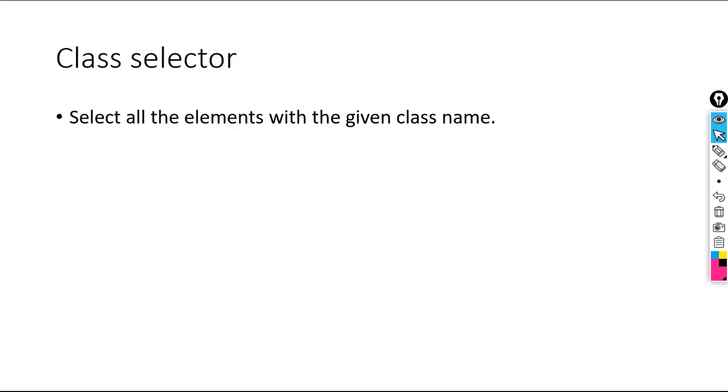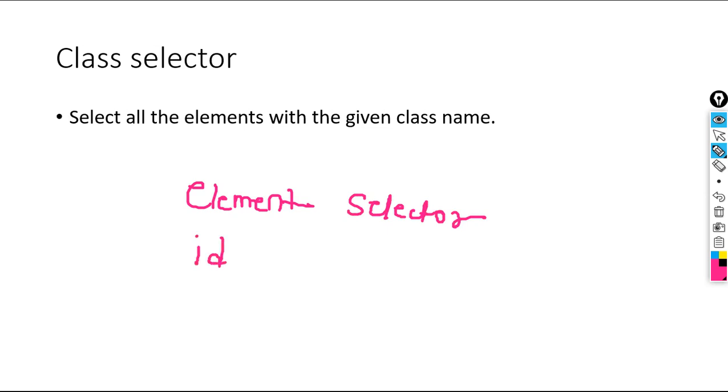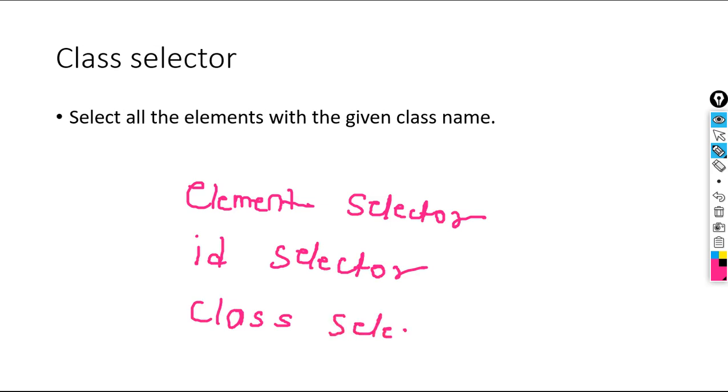So this was all about basic selectors in CSS. Let me revise those basic selectors. Element selectors, then we have ID selector, then we have class selector. Why we use element selector?